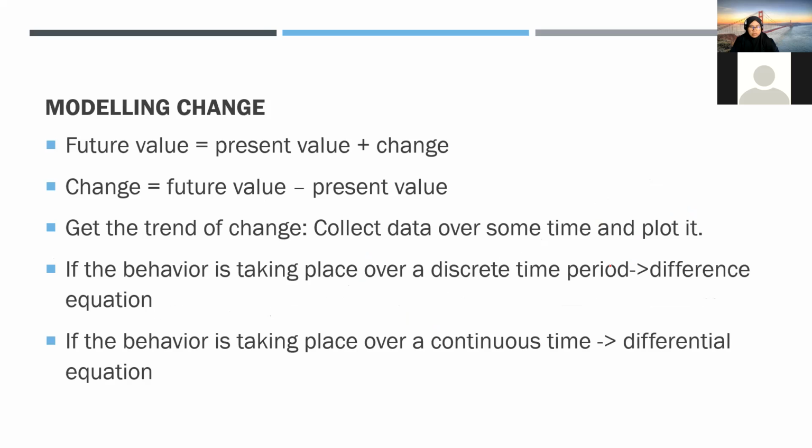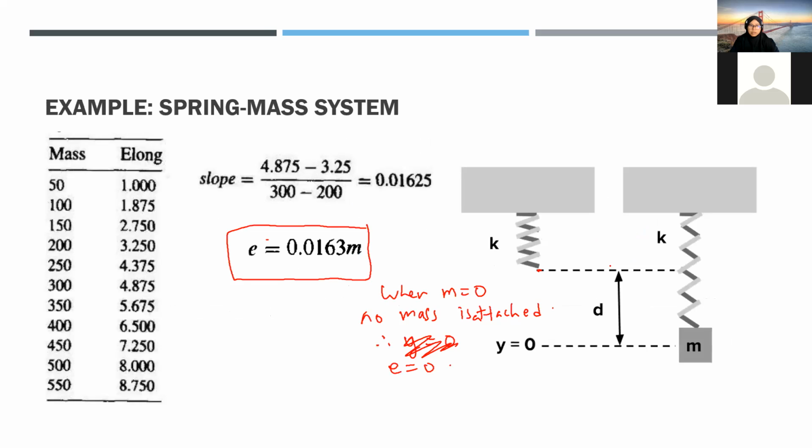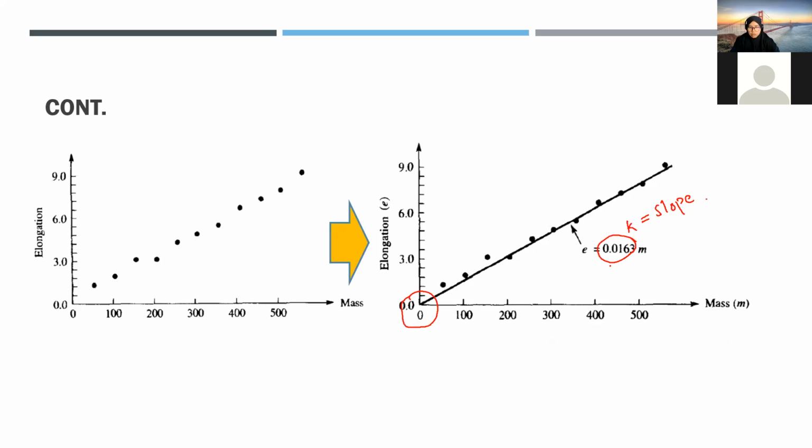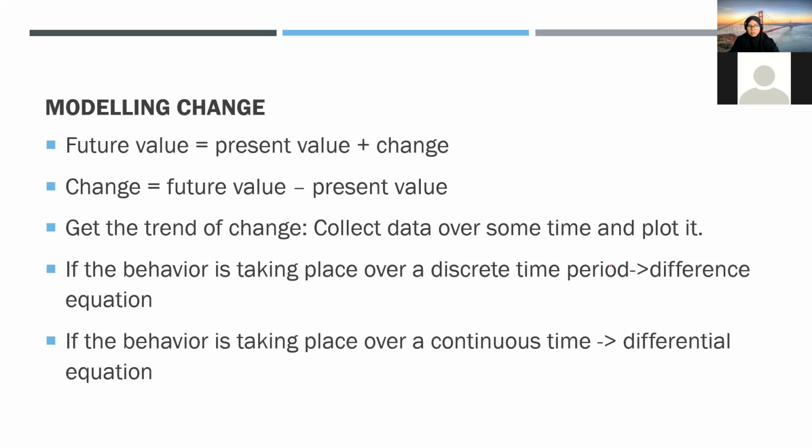So first of all, proportionality. In order to find the proportionality, you can see from here, the slope is the change of the values. Now, our first approach is proportionality. How to find the proportionality? We need to find the change of that value.